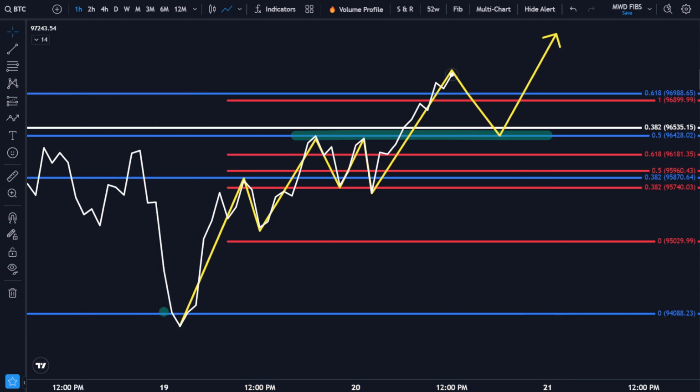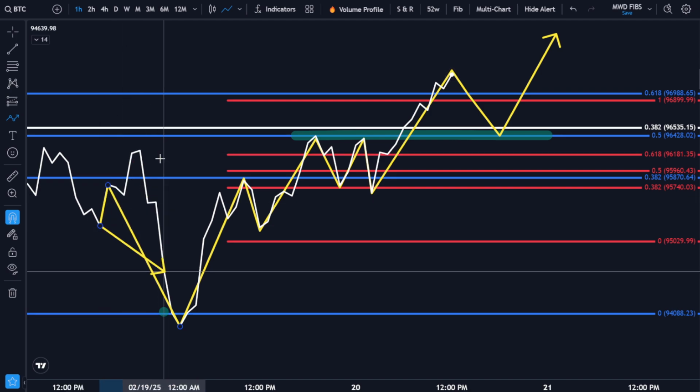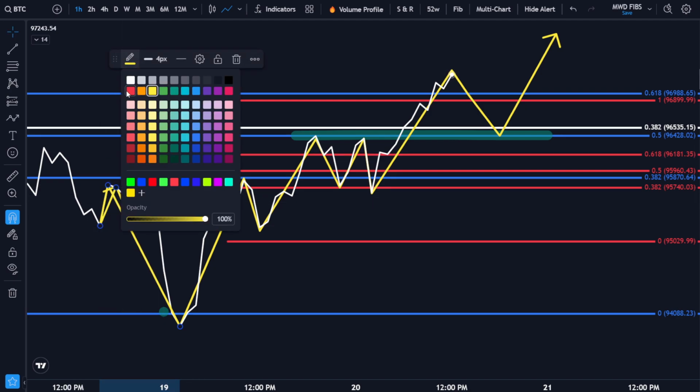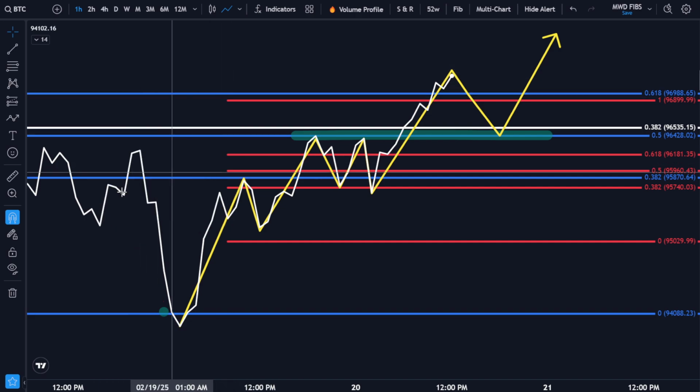Another scenario would be that we change it to a different color, red. Okay, let me get that again.